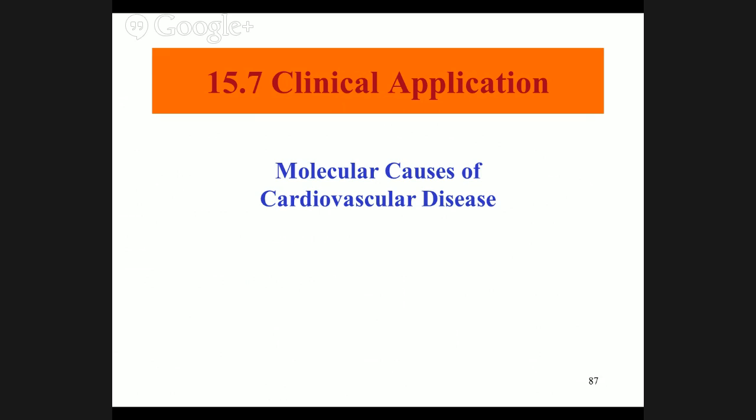A normal form of connective tissue protein called fibrillin weakens the aorta wall, dilating the aortic root, so that the weakened aorta can cause sudden death.